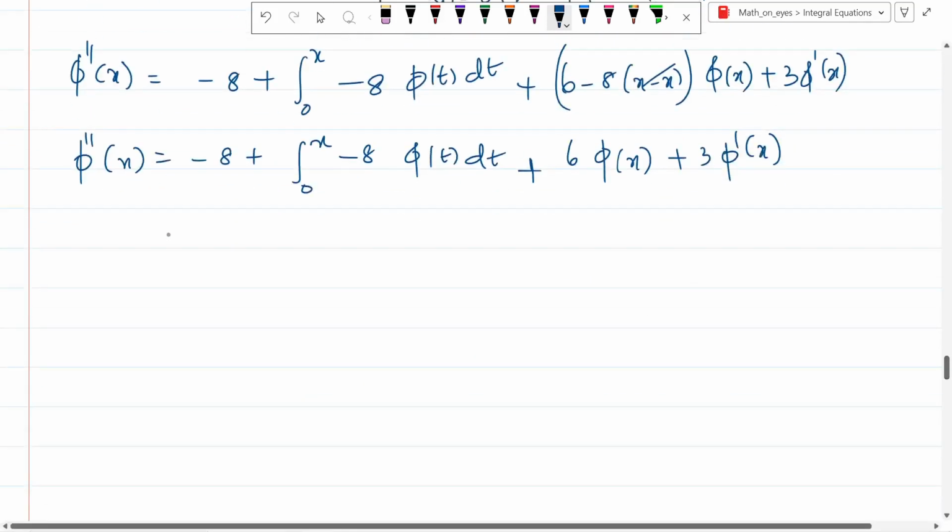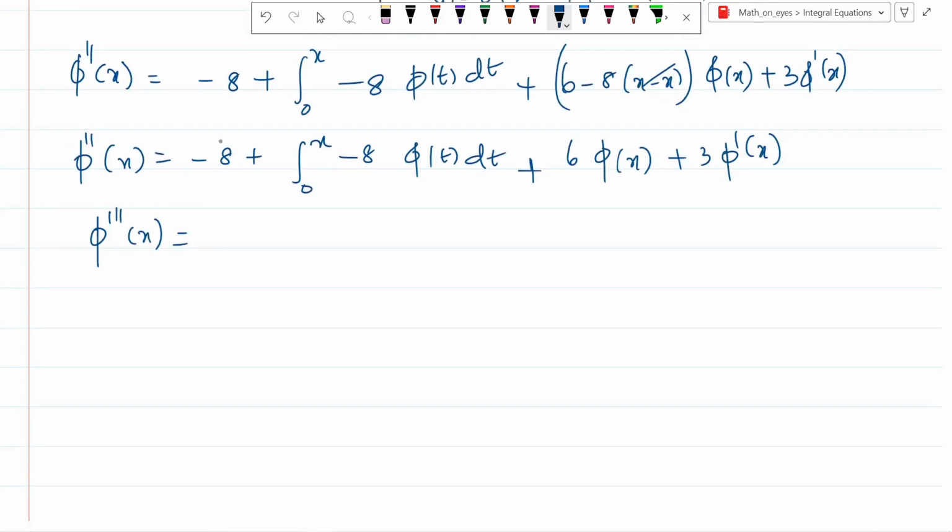And then we have phi triple dash of x, that is equal to: minus 8 is a constant so this will become 0, this part is independent of x so this will also become 0, only the upper part, that is substitute here minus 8 into phi of x plus 6 into phi dash of x. Then we will have plus 3 into phi double dash of x. So the given question has been turned to a third order differential equation.